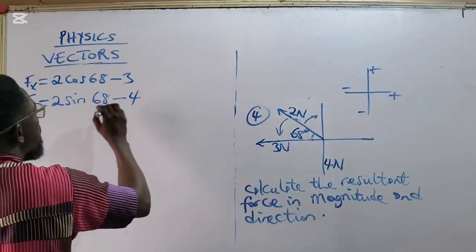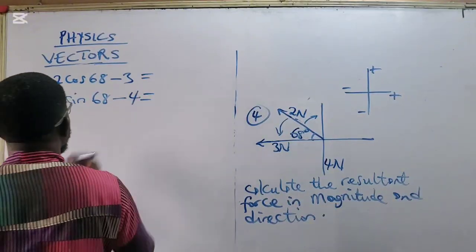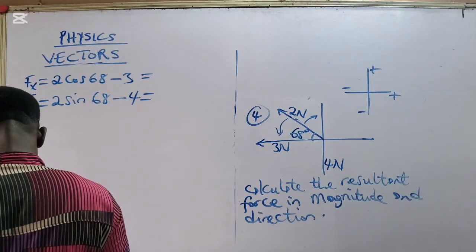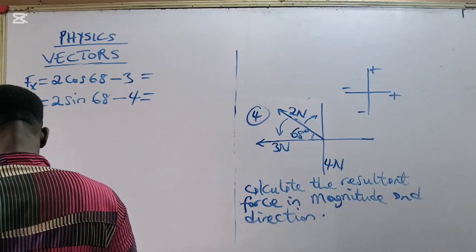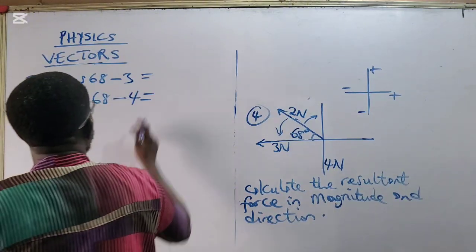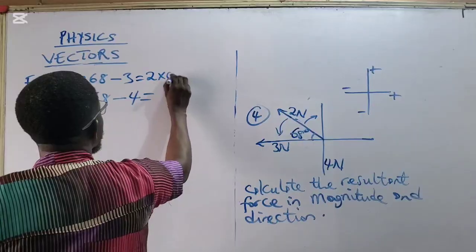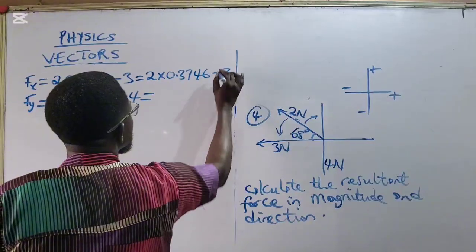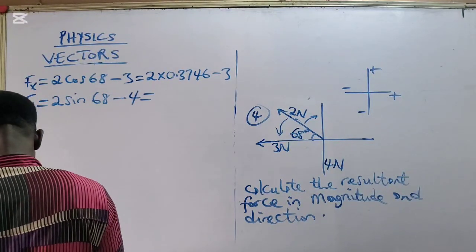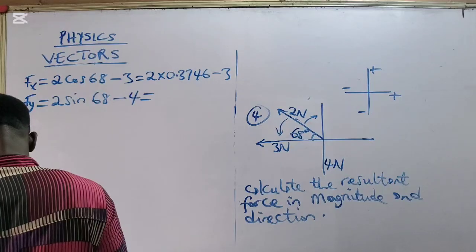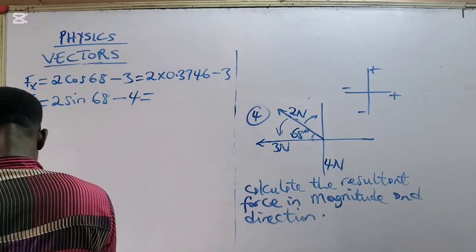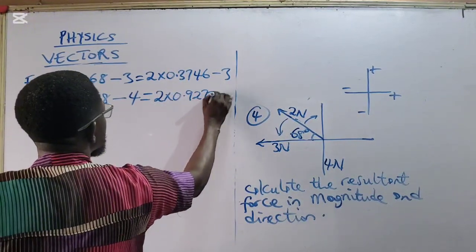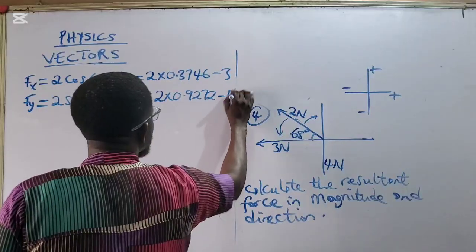So minus 4. So this one, let's see, cos 68 is 0.3746, minus 3, and sine 68 is 0.9272, minus 4.